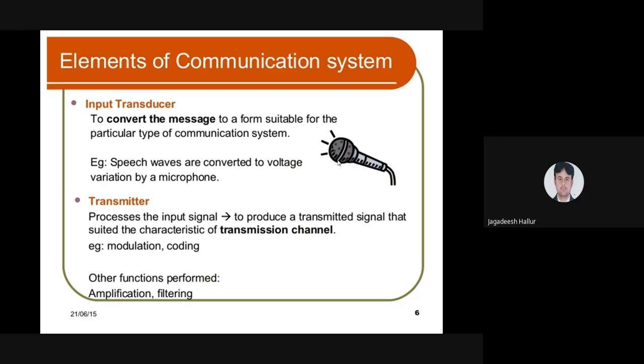And coding has to be done. To increase the signal, amplification has to be done. The other functions are amplification and filtering. Once the filtering has been done, that signal has to be given to the channel block.